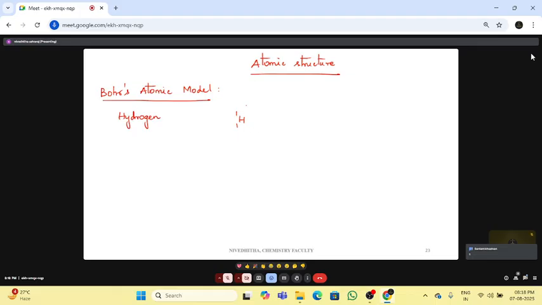Actually, whenever you're writing or representing any atom, you have to know the symbol of the atom, and also the atomic number and mass number. Z is nothing but atomic number. And A is nothing but mass number.